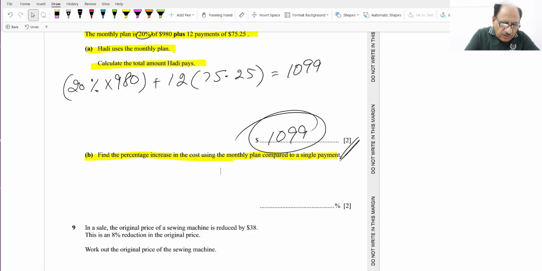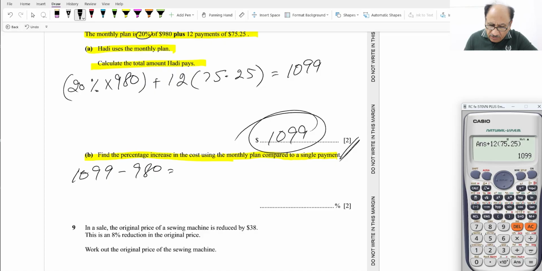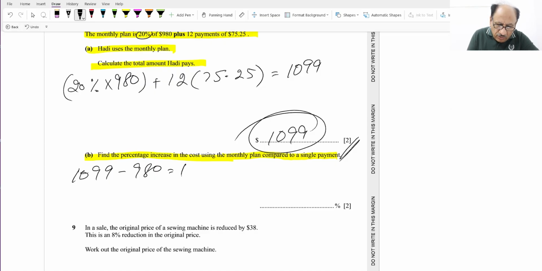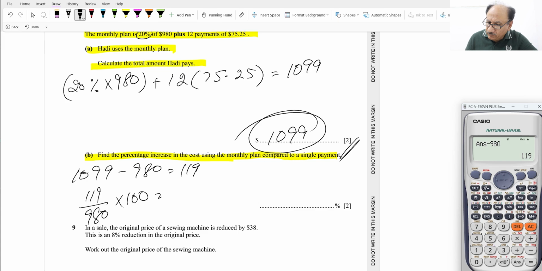So instead of 980, he has to pay 1099 minus 980. So this is the additional amount he will be paying. How much will be the additional amount? This will be the additional amount, $119, against what? $119 against 980, multiplied by 100. This is how we are calculating the percentage change.